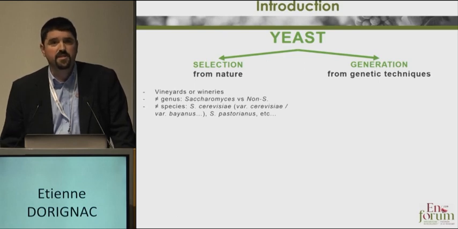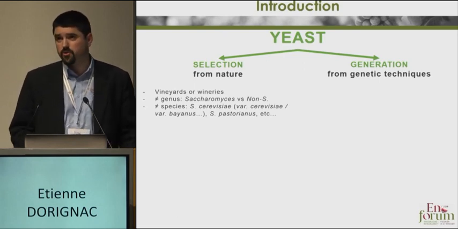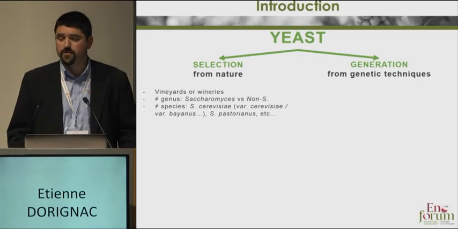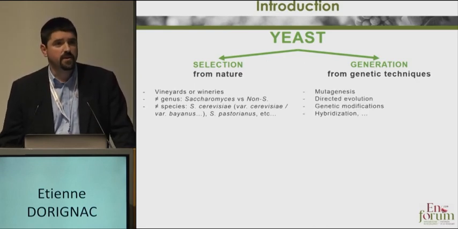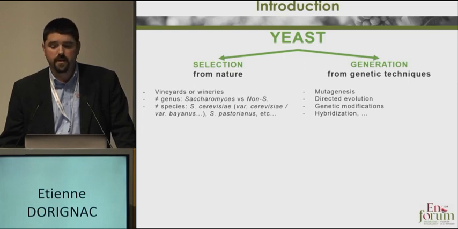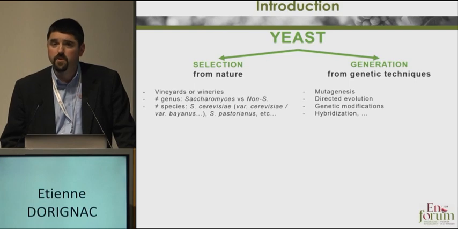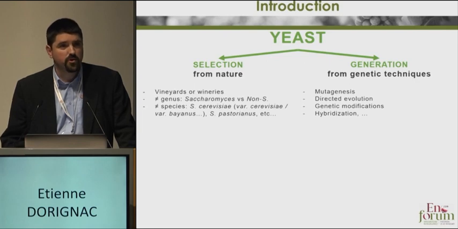But then we can also generate yeast strains from genetic techniques. This can be done by mutagenesis of an existing strain, a directed evolution. You could even do GMO, that is not completely accepted in wine for the time being, but in other segments, yes. And hybridization is another technique to modify.